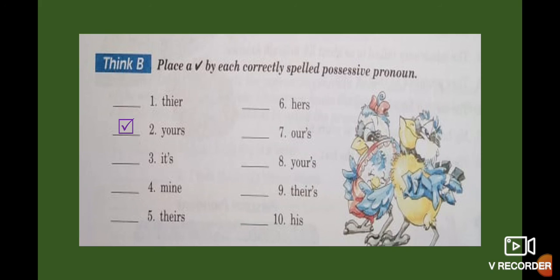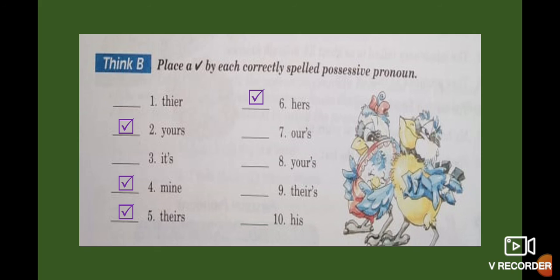Number 3, it's. This one is not written in the correct form because this one is with apostrophe and the possessive is without apostrophe. Number 4, mine. Yes, this is correct. Number 5, theirs. Yes, it's correct. Number 6, hers. Yes, it's correct. Number 7, no, because this word is with apostrophe.